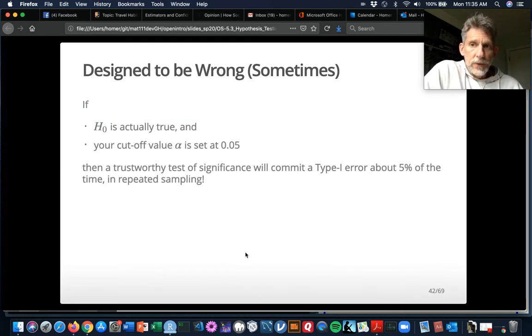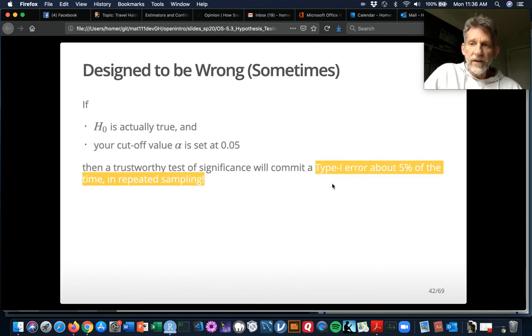You can put numbers to how much it's designed to be wrong. If the null hypothesis is actually true, and if you set your cutoff value to, say, 5%, then in a well-designed test of significance, you're going to end up committing a type 1 error about 5% of the time.